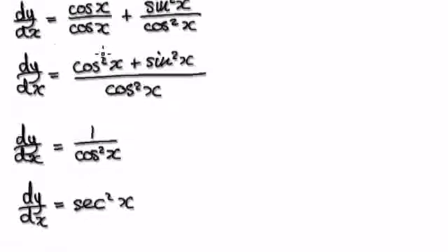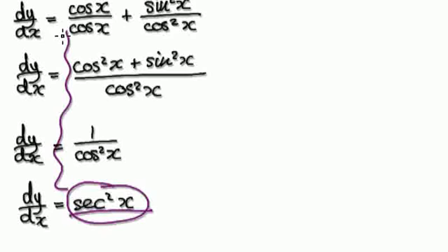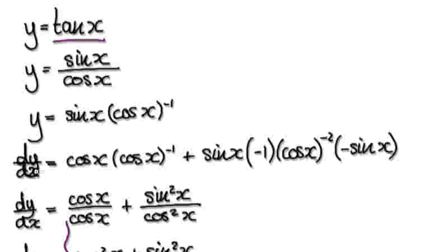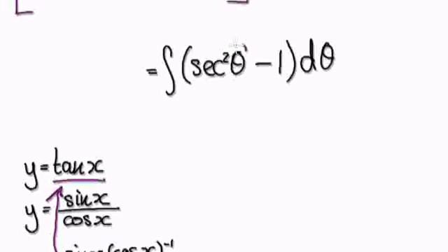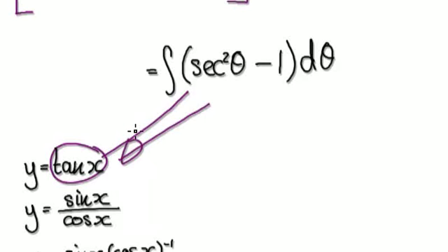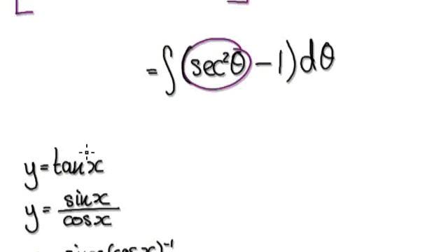So if you want to integrate secant squared, then you would work backwards to give you tan. So if you integrate this, it will be tan, because when you differentiate tan, it will give you secant squared. If you go the other way, integrate this, it will give you tan theta.